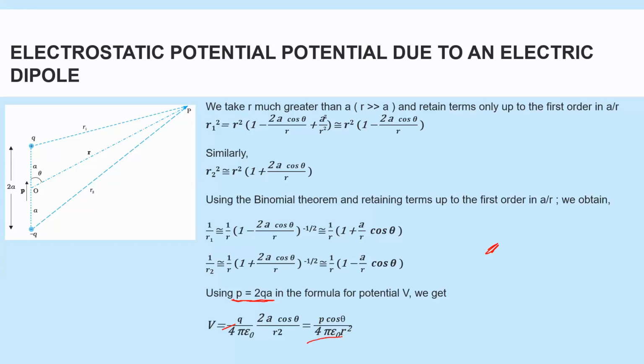So this is your electrostatic potential due to the electric dipole that is present.